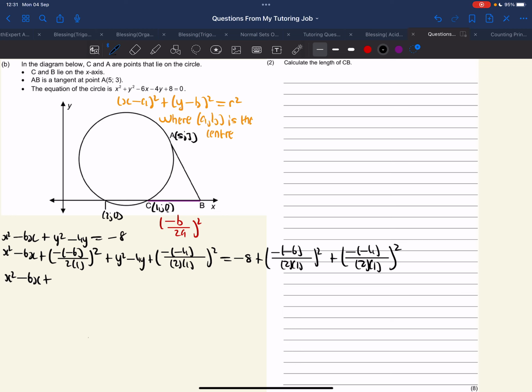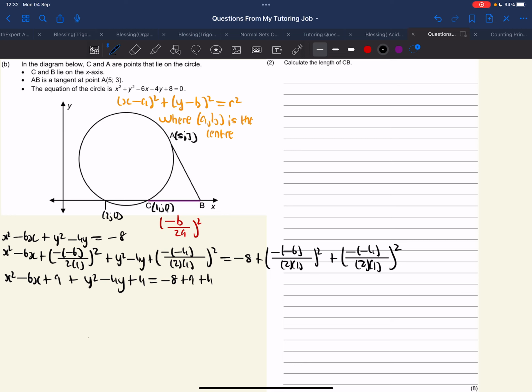So if I simplify all of that, minus 6 over 2 times 1, squared, will actually be just 9, plus y squared minus 4y plus, and for that one it's just 4. So it's minus 8 plus 9 plus 4.